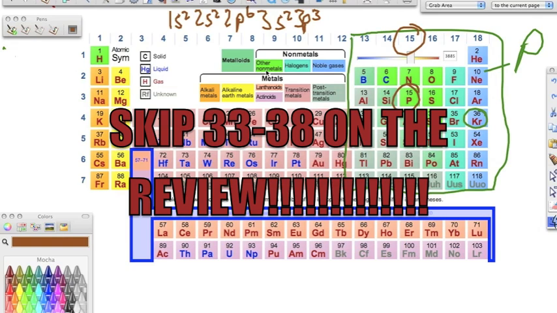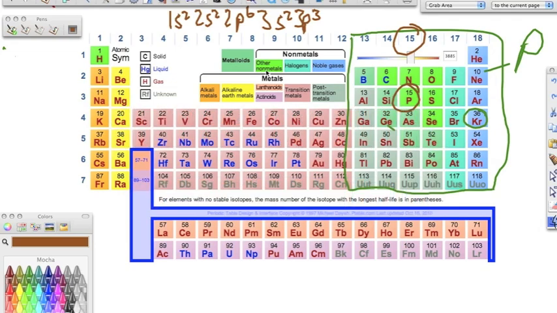Like I'm going to write either the alkali metals, the alkaline earth metals, the halogens, or the noble gases. I'm going to write one of those families on the board, and all I want you to do is, on the green part of your Scantron, write down all the elements in that group.